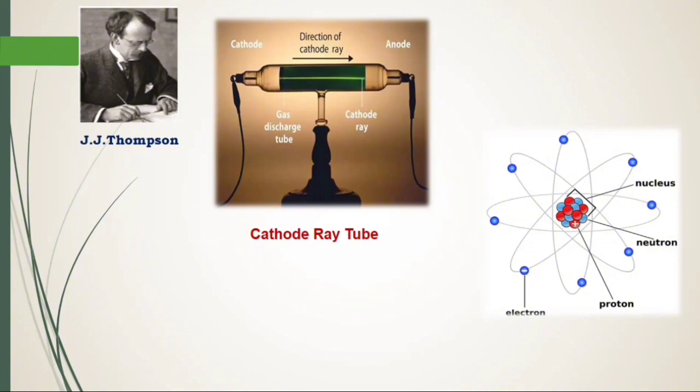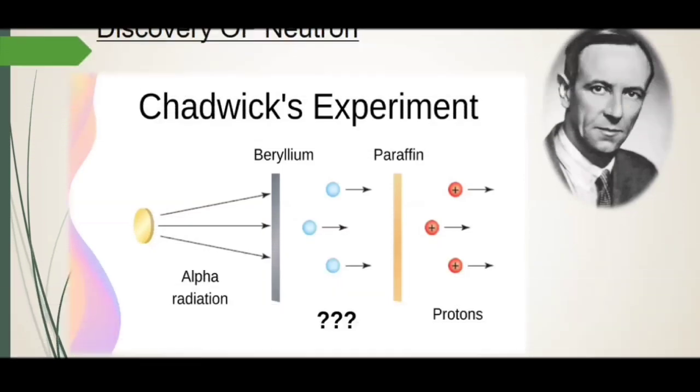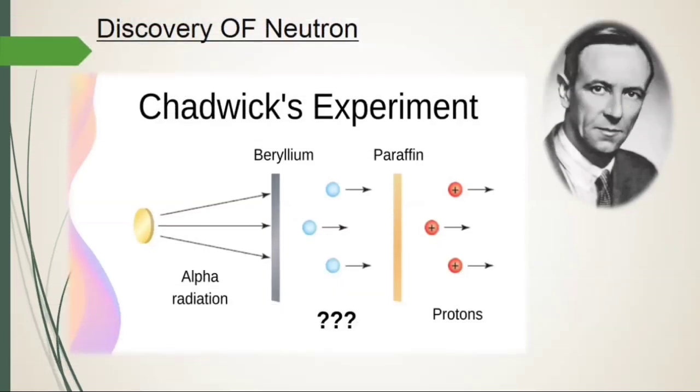Now let's move on to the discovery of the neutron. Actually, Rutherford didn't mention neutrons; he just gave a prediction of it. This experiment was conducted by a scientist called James Chadwick, and he was the person who discovered the presence of neutrons.